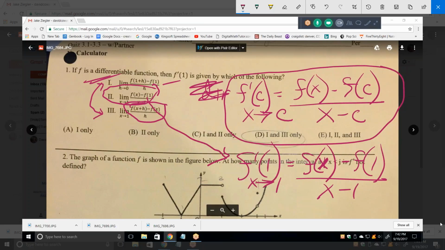I'm trying to figure out if 1 would be correct or not. 1 could be correct, and 3 might even be correct. Yeah, I suppose if you did that calculation, first of all, you have to let h go to 0. So I don't think 3 is correct. 1 could be correct. I know 2 is correct. All right, let's go on.